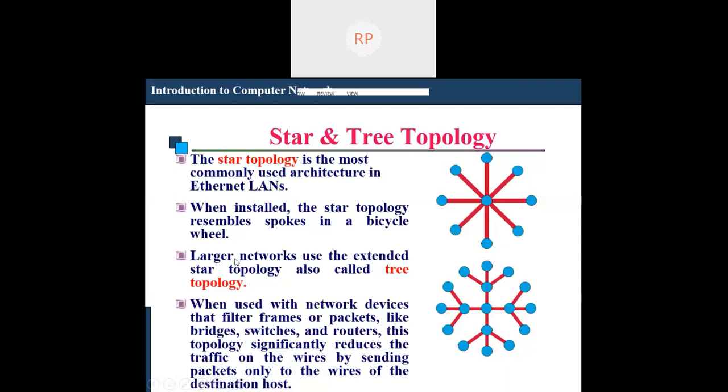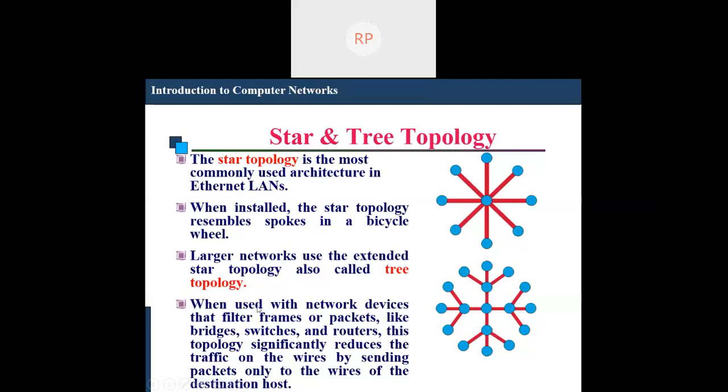The extension of star is nothing but tree. Larger networks use the extended star topology, which is nothing but tree topology. You can check, this is the basic architecture of star topology, and those are some parts, which means it's tree.